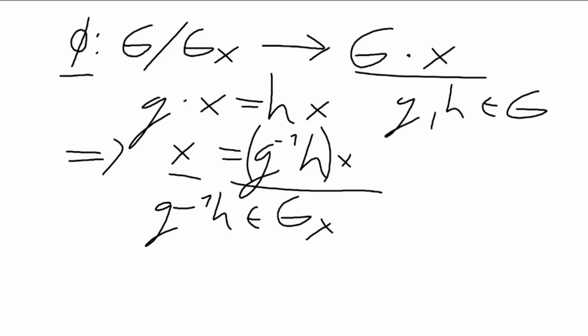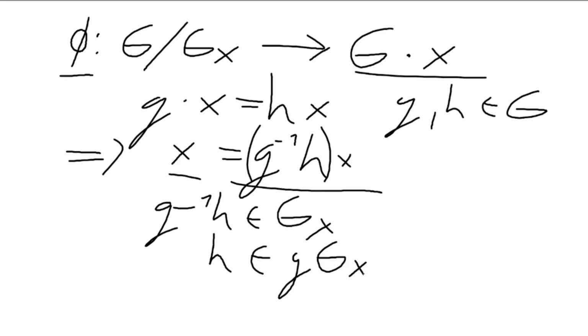And for that reason, we can conclude, first what I could write is also this. I can multiply by g on both sides on the left. The h is in the coset g times G sub x, the stabilizer of x.